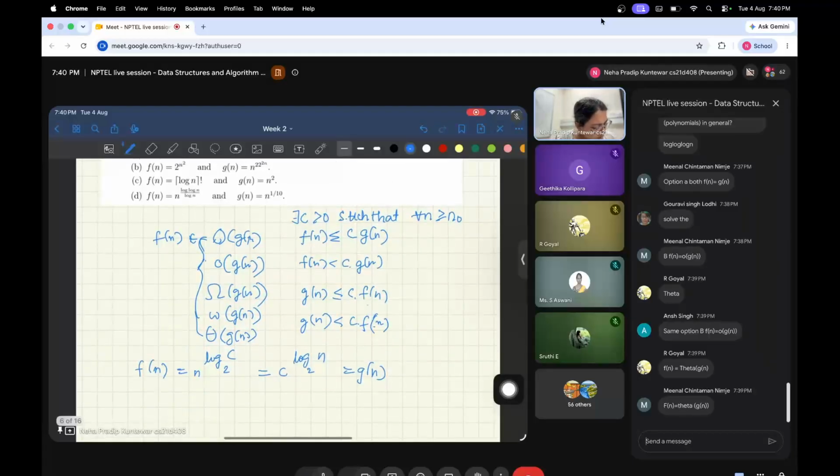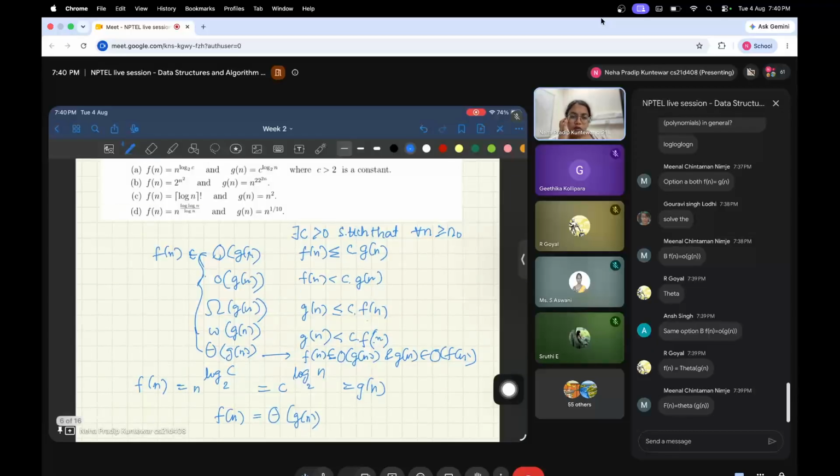So you say that f of n is theta of g of n if f of n is order g of n and g of n is order f of n. So therefore f of n is theta of g of n. Okay, so what about b?